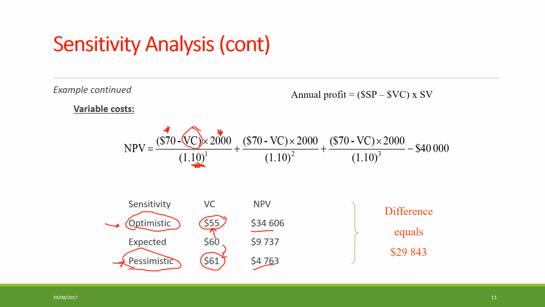So if that's the case, then our NPV would vary from 4,000 odd to 34,000 odd. So what we see here is even in the worst case scenario for the variable cost estimate, our NPV is still positive, right? So even in this case, our project is still acceptable.